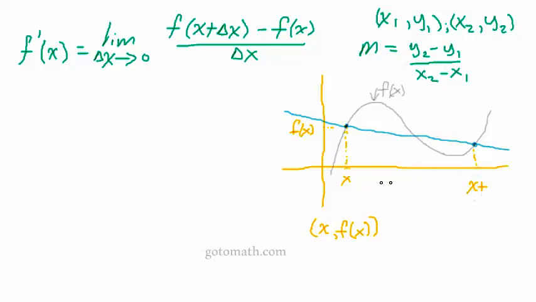So we're adding this distance plus this distance here, and we're going to call that x plus delta x. Okay, you got that? That's going to be this part of the ordered pair. All right. And of course, the y value associated with this will be, I'm going to end up running out of room here.